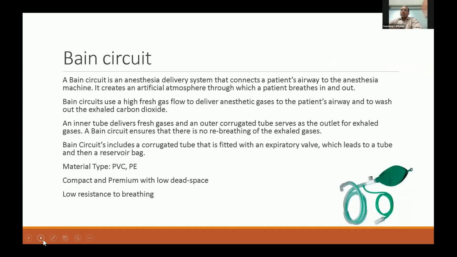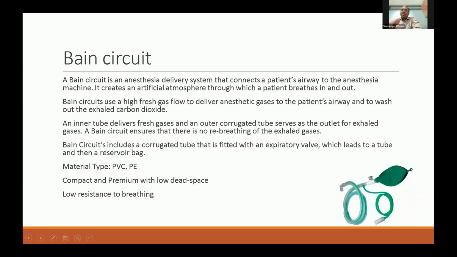Now, the Bain circuit is a kind of non-self-inflating system. Again, you have a reservoir bag which you need to ventilate, which collapses in the absence of oxygen. It is primarily used as an anesthesia delivery system, and in the ICU, most of the time it is used to transport patients. Again, the mechanism is the same. There are two tubings. This greenish tubing is inside another tubing, which is a corrugated tubing.